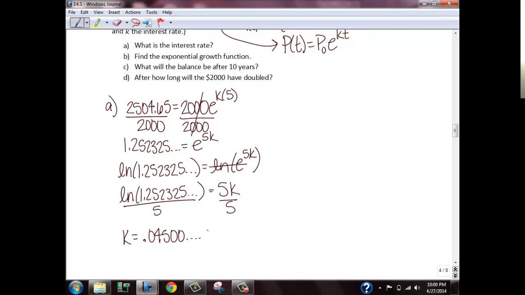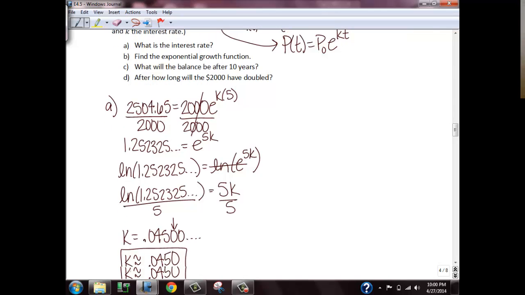I'm pretty sure most of the time we keep 4 decimal places. Okay, so I'm going to go ahead and keep 4 decimal places on this one, just so that you're used to that. Here we don't really need to, because our 4th decimal place obviously is a 0. But I'm going to go ahead and write that k is approximately 0.0450. Okay, so that's our interest rate.